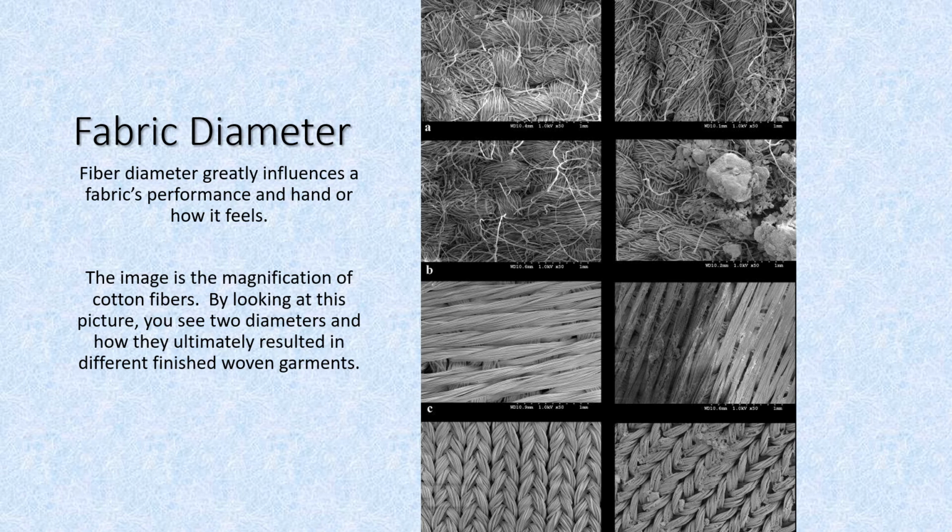Again, we're going to talk about natural versus man-made fibers in the next part of the lecture. But fibers like cotton and ramie and wool and silk have a smaller diameter.